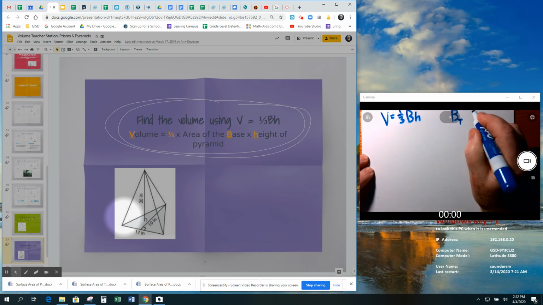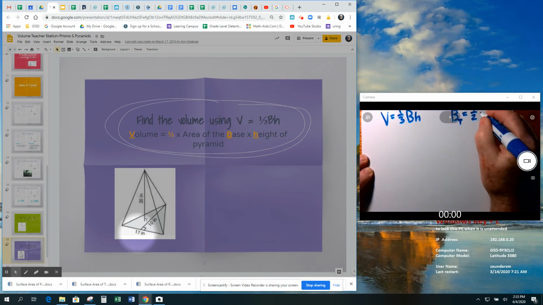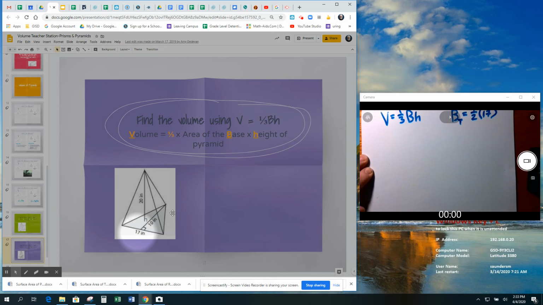So the area of the base, which is a triangle, is equal to 1/2 times the base of the triangle, which is 17 inches, times the height of the triangle, which is 10. So 1/2 times 10 is 5. 5 times 17 is 85. So 85 inches squared. That's the base of our triangle.